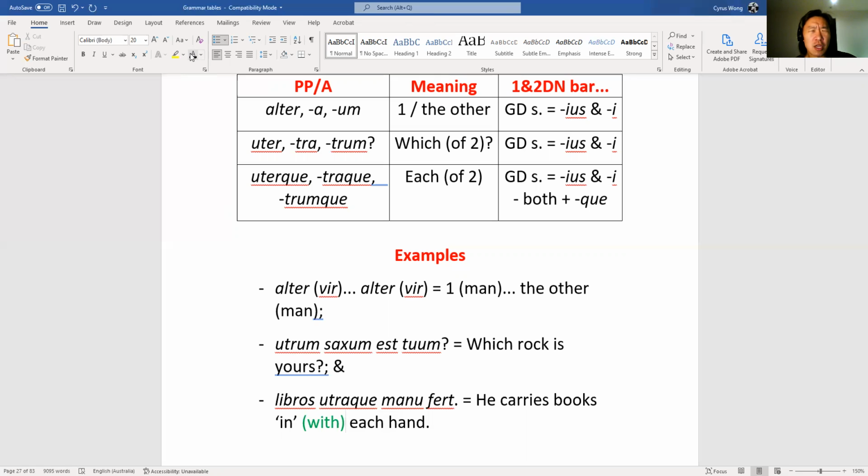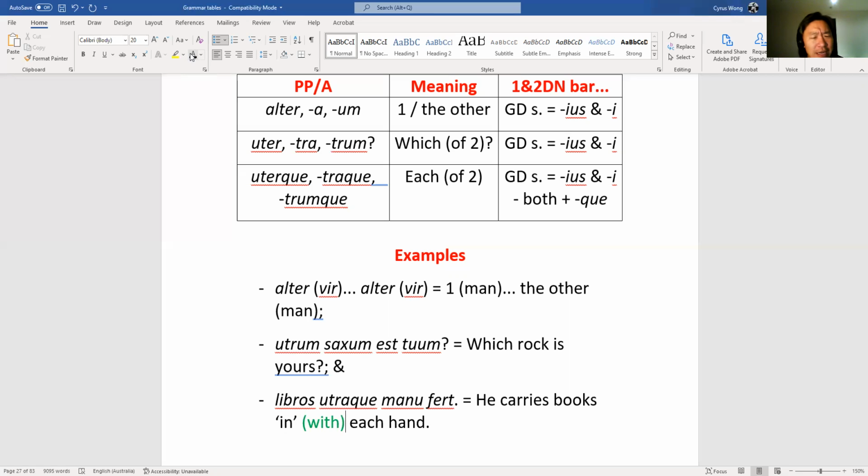If you go through the feminine forms, it would be utraque, utramque, utraque, then the exception, utriusque, utriusque, utriusque, utrique, utrique, utrique, and then utroque, utraque, utroque. So it's ablative feminine singular.